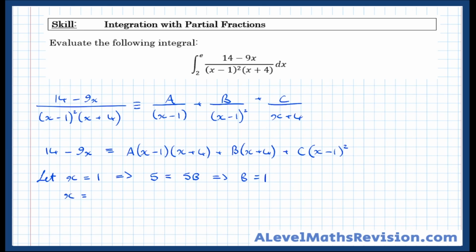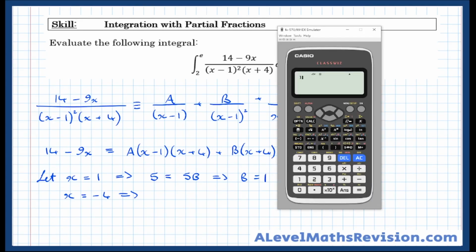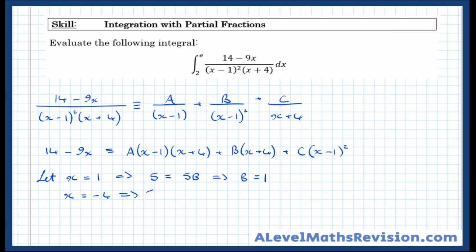So if we let x equal minus 4, this implies, using the calculator, 14 minus 9 lots of minus 4 equals 50. So 50 equals, and the terms that disappear are the first and second ones. So C lots of minus 5 squared, which means that 50 equals 25C, which means that C in this case is 2.